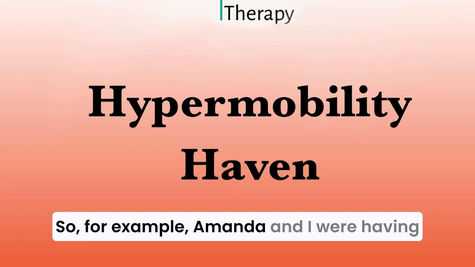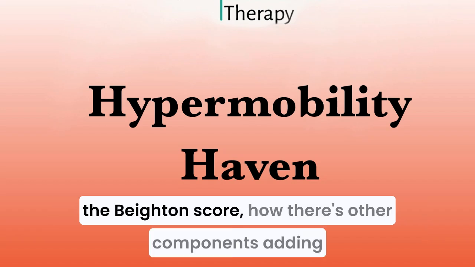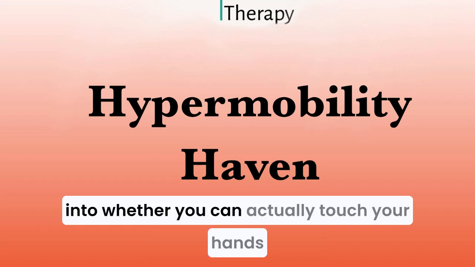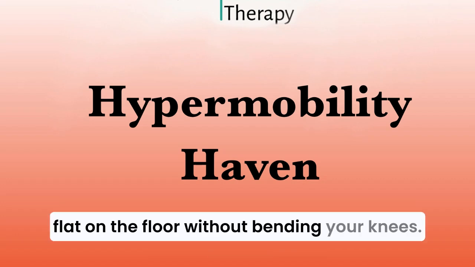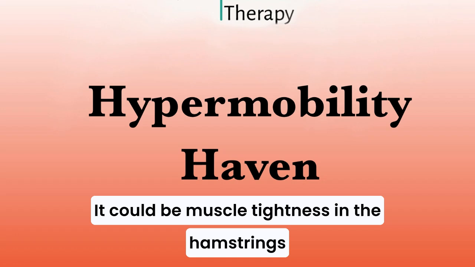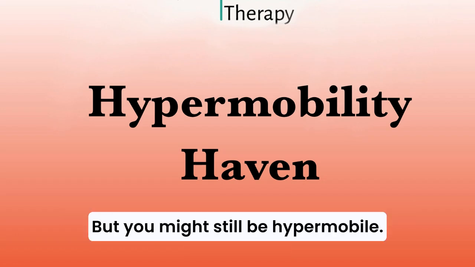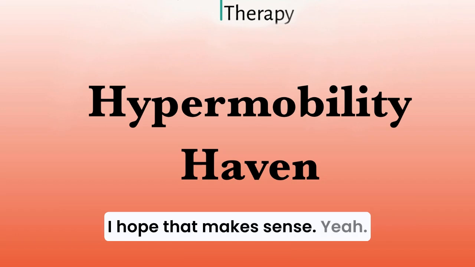So, for example, Amanda and I were having a conversation earlier about the spine area of the Beighton score, and how there are other components adding into whether you can actually touch your hands flat on the floor without bending your knees. It's not all about your spine. It could be muscle tightness in the hamstrings, for example, that could prevent this from happening, but you might still be hypermobile. I hope that makes sense.